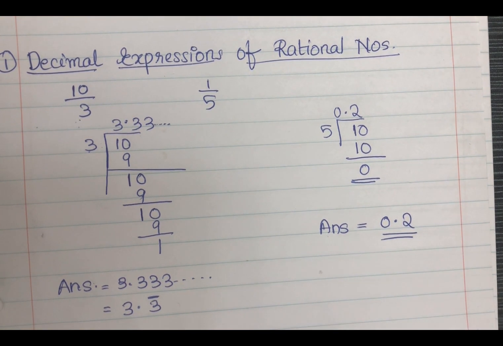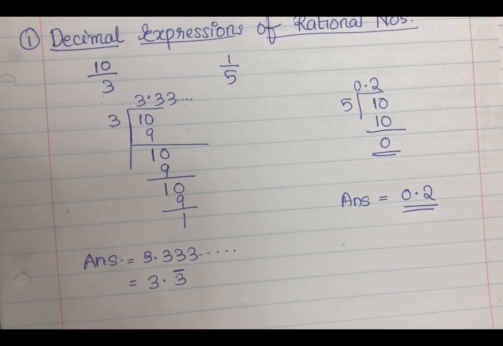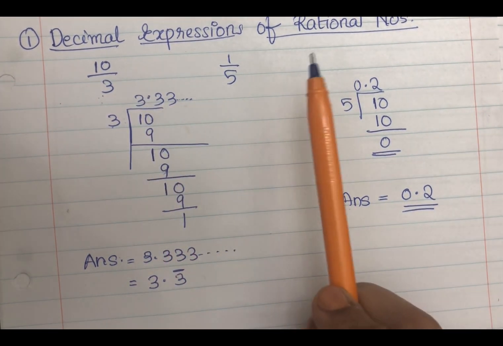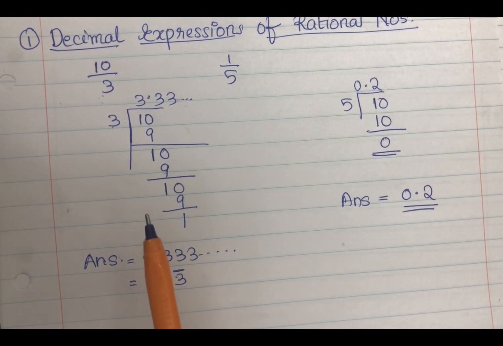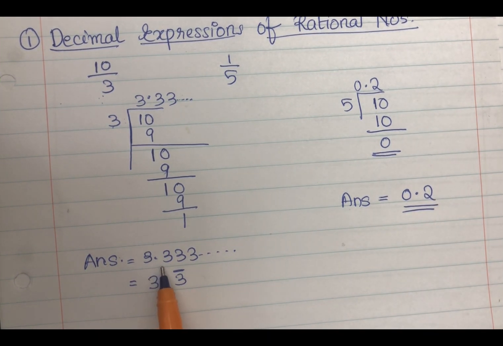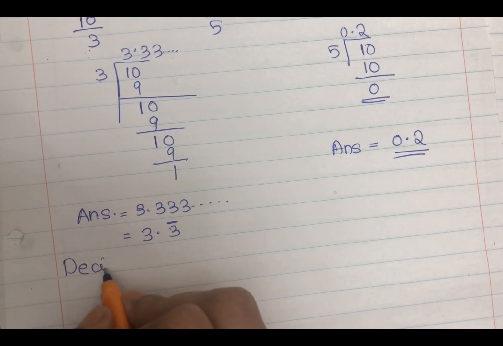So remember students, keep this in mind always. The decimal expressions of rational numbers either are terminating, or, in the second case, non-terminating, repeating, or we say non-terminating, recurring.